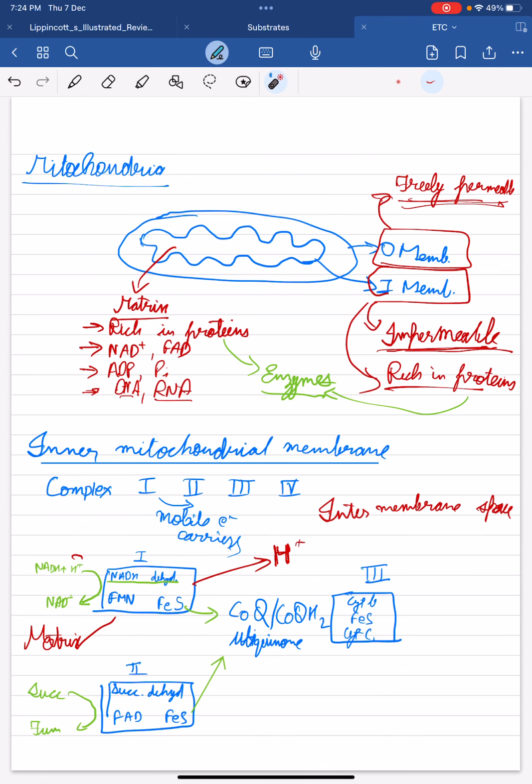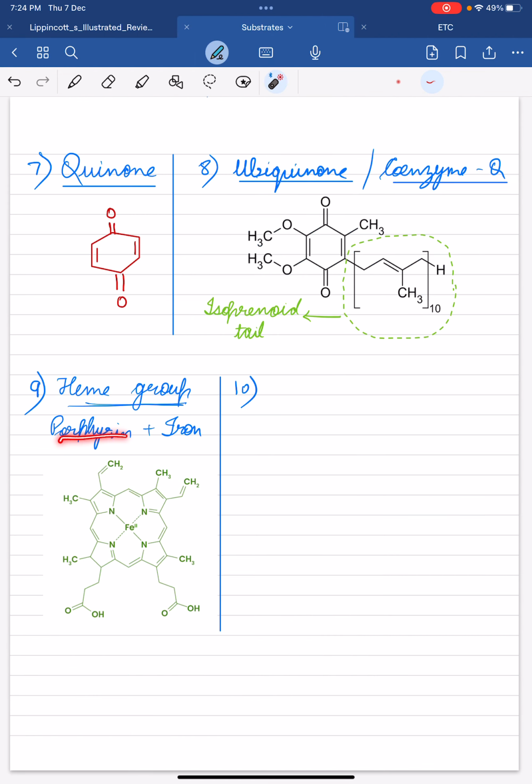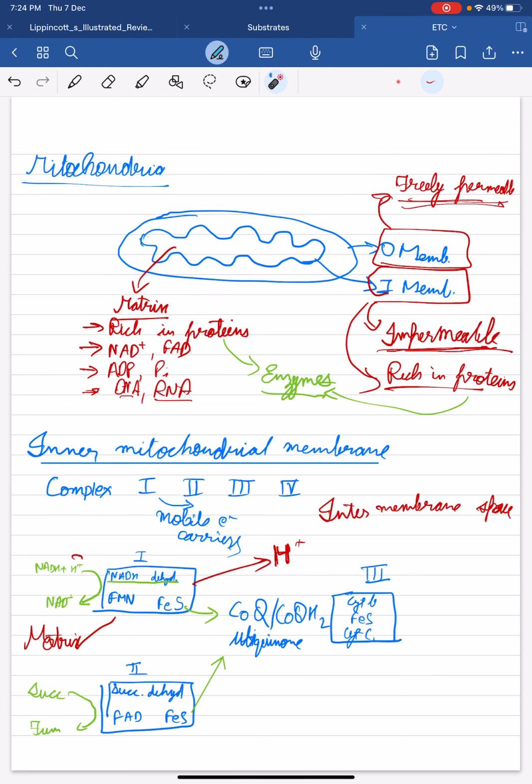So this cytochrome has this porphyrin ring and iron. But the difference here from hemoglobin is that the iron present in this can reversibly change its oxidation state from +2 to +3, and during this change is actually how the electrons are transferred.